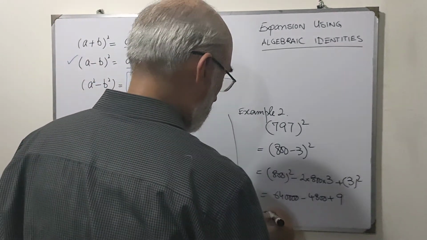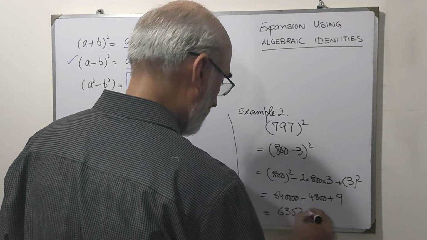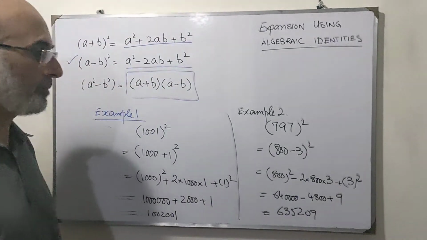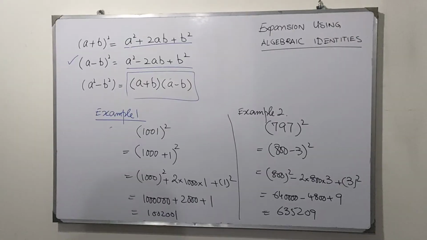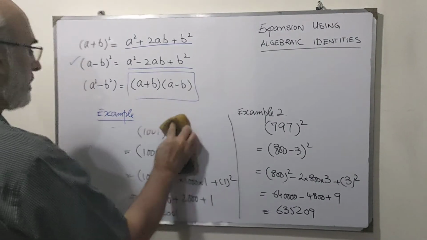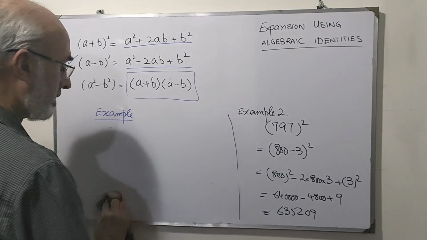And the final answer is 635209. Okay, pretty easy. So let's do one more example and then we can close this topic of expansion using algebraic identities.